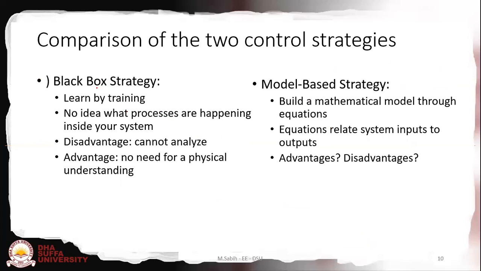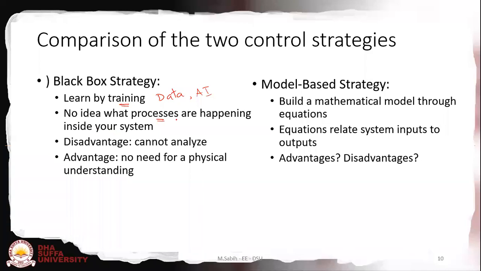A little comparison between the black box strategy and the model based strategy. Black box strategy में basically we learn by training. It is similar to, I'm talking about data, yeah, you can connect it with artificial intelligence जिसमें you provide the data और AI is going to help us in figuring out कि वो relationship क्या है दोनों की. लेकिन we will have no idea about the real meaning internally, what's going on. हम सिर्फ end to end इसका benefit निकाल सकते हैं relationship.